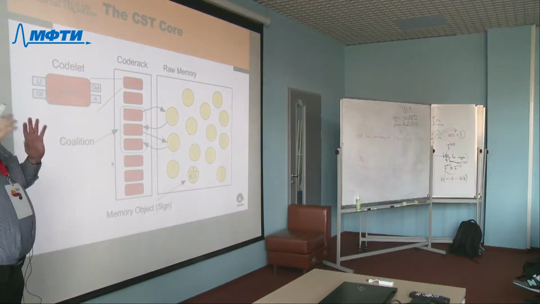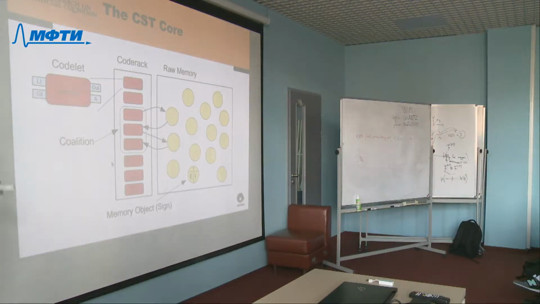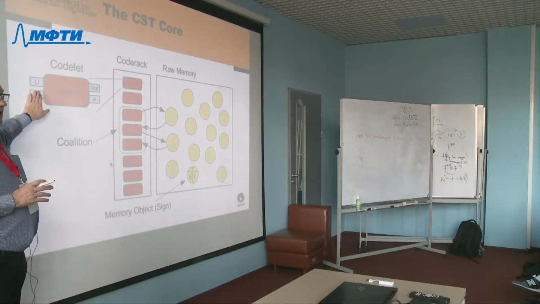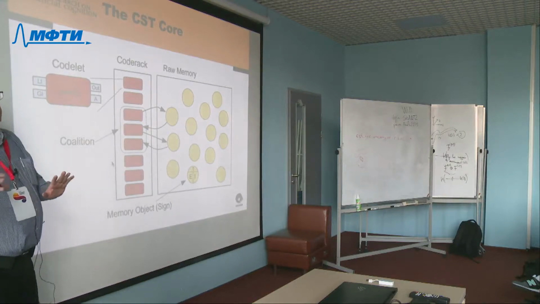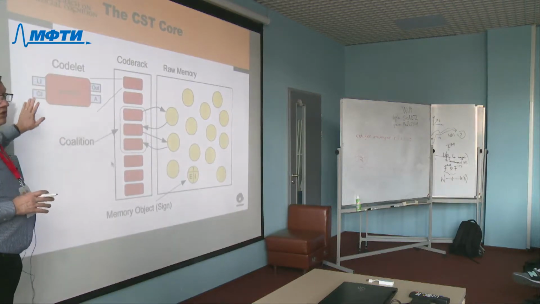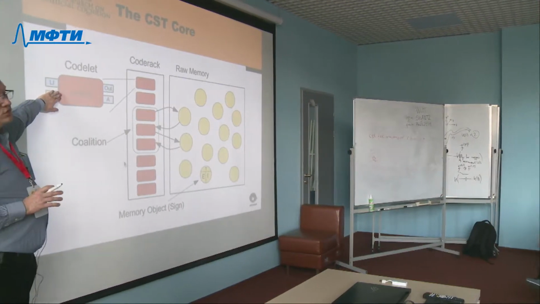Okay? In some particular situations where you want to use the codelet to build a machine consciousness module, then you use the global input. Okay? If you are not concerned with machine consciousness and you are not going to use a global workspace, then you don't need to pay attention to the global input.